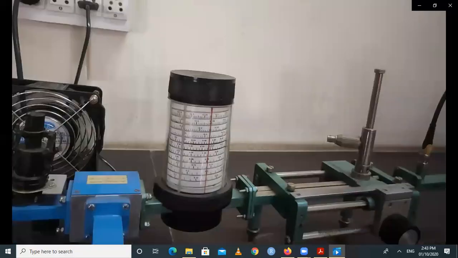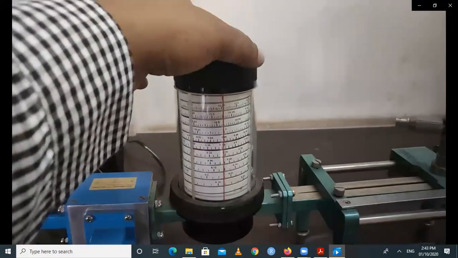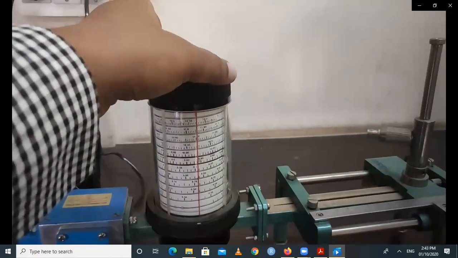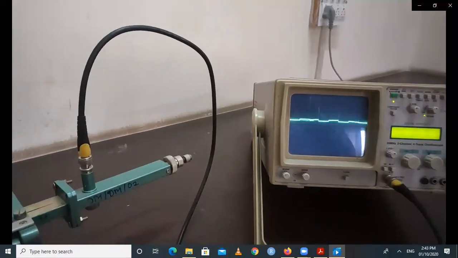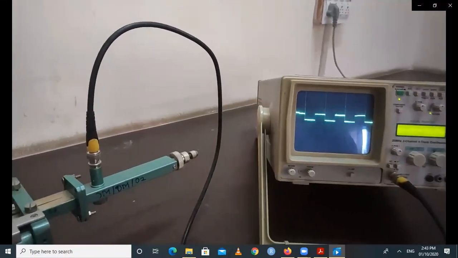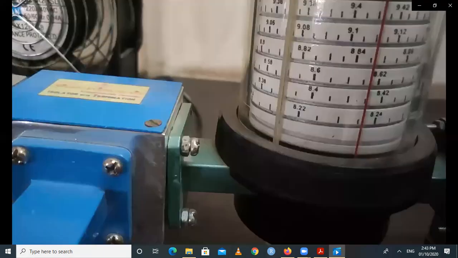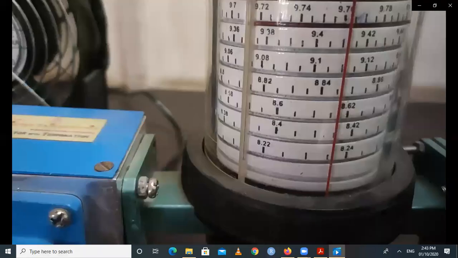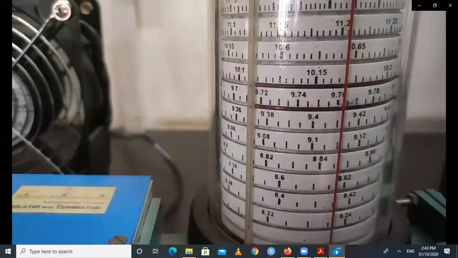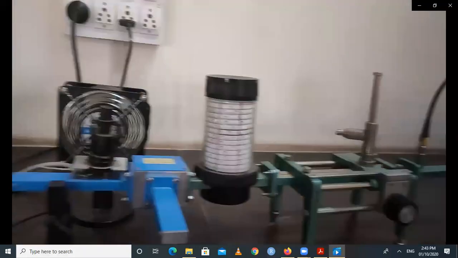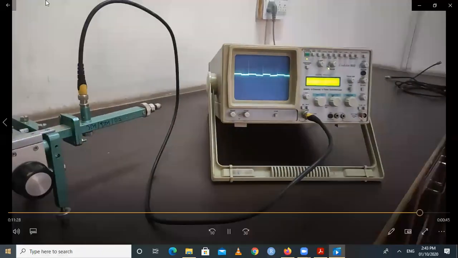And again you have to find the frequency by rotating this frequency meter until there is a deflection on waveform. So at this particular deflection frequency, it should be again nearly equal to 9.76 gigahertz.